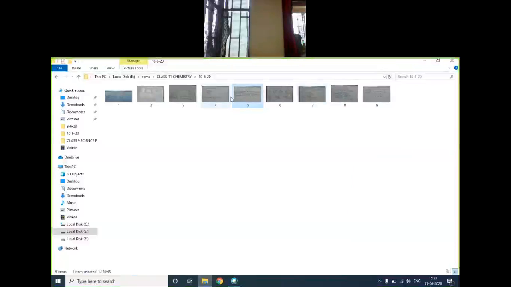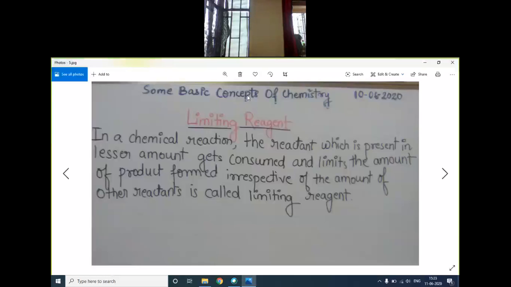Now moving on to the next topic, a new topic. Limiting reagent. From the name itself, it is clear that the reagent is going to put a limit on the amount of product formed from a chemical reaction.